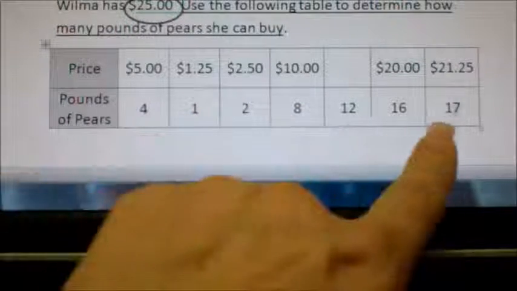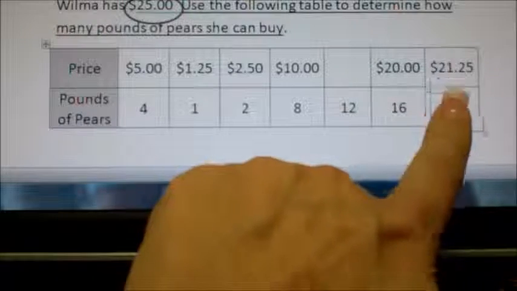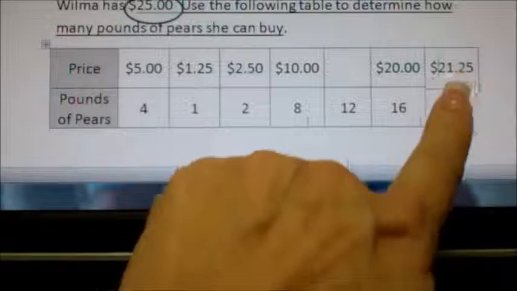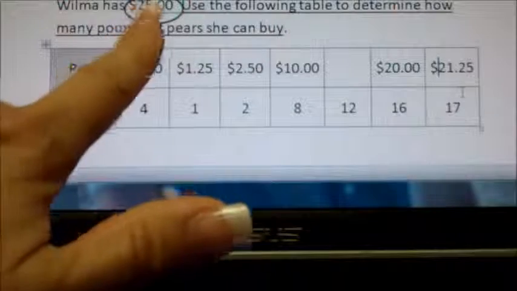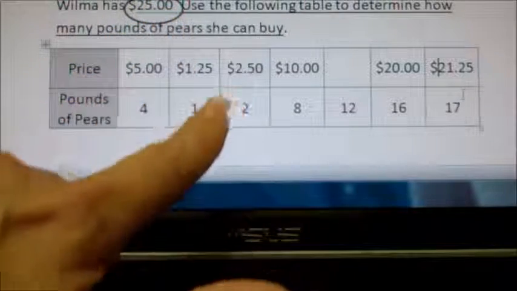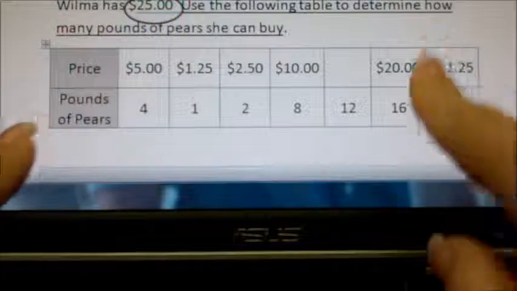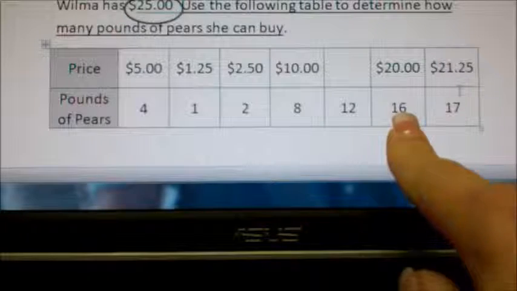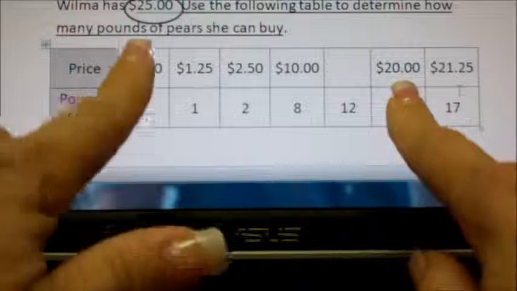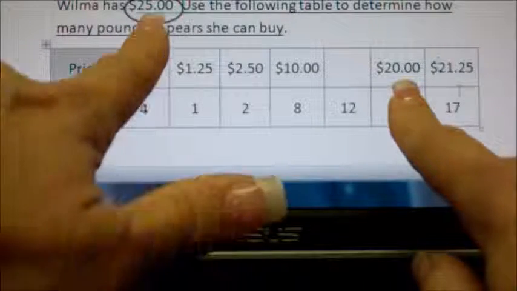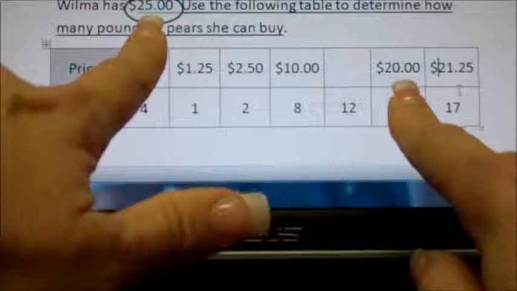And then I realized when I got to 17 pounds, that was $21.25, I could get closer. And I realized that if I have 16 pounds, if I have $20 and I add $5, I'm even Steven with $25.